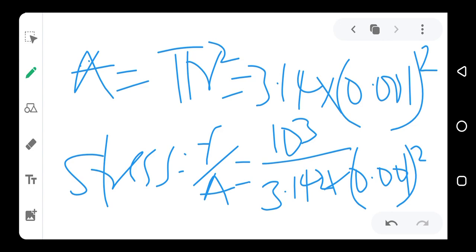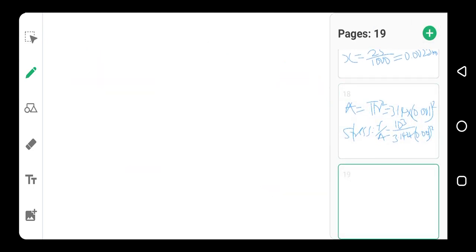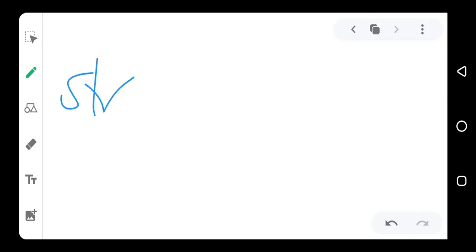Now let's look for the strain. The strain is the extension over the original length, and the extension given to us is what we've converted from 25 to meter, which gives us 0.0025.